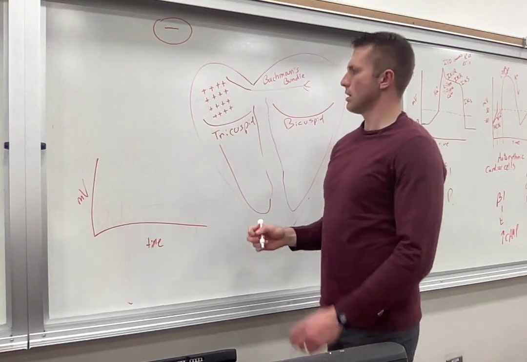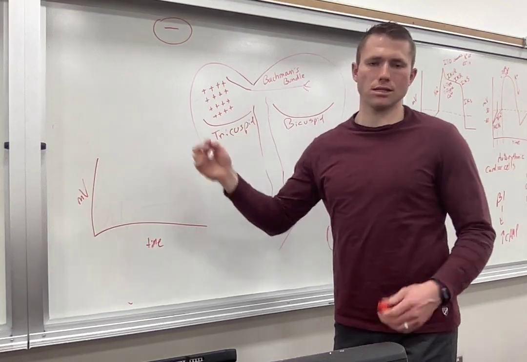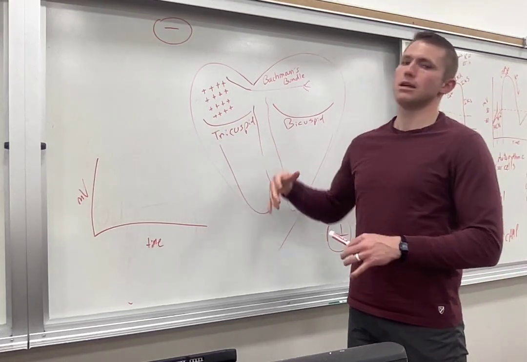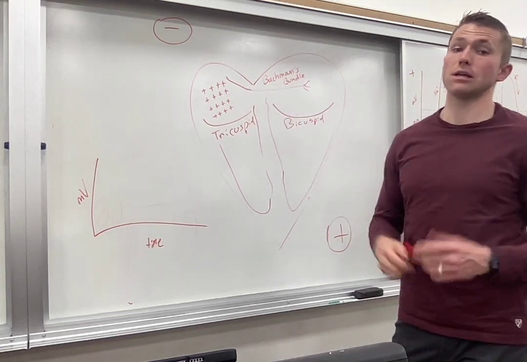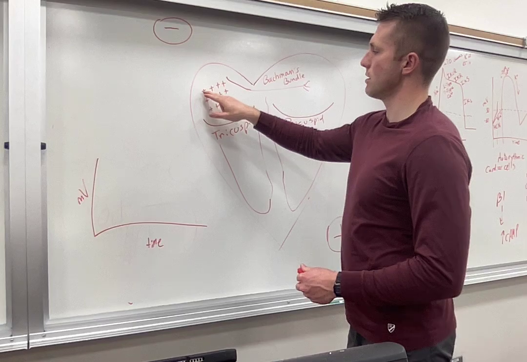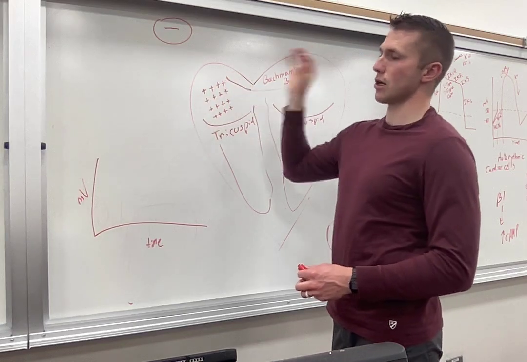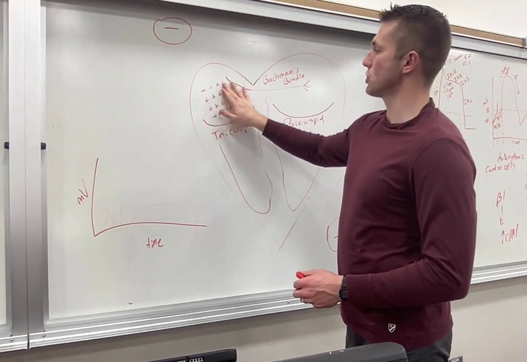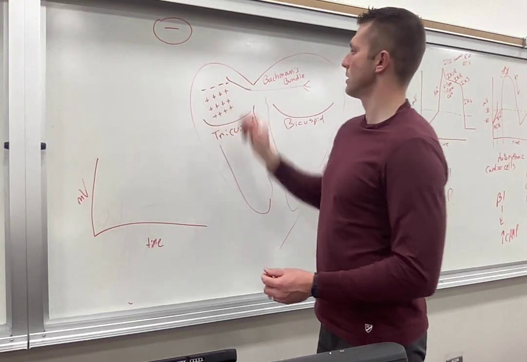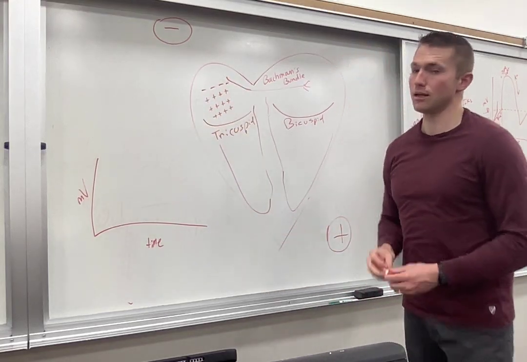Normally, this is what we're at. Every cell of the heart at rest has a positive outside, negative inside because of the sodium potassium pump. But when an action potential occurs, the outside of the cell changes to be negative.